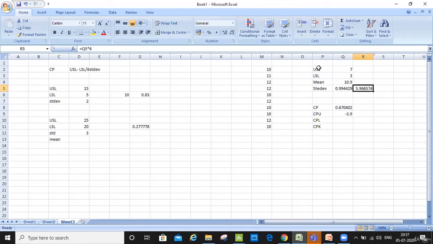Okay, so I have calculated Q5. I have calculated 6 standard deviation here. I have not done it because I think somebody was sharing his screen. That was somebody's screen, right? Can I get the same screen? Who is sharing the screen? I think Ashwini has done it. Ashwini, can you please open that?